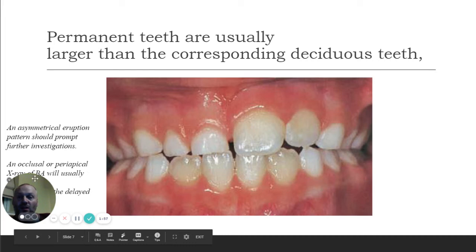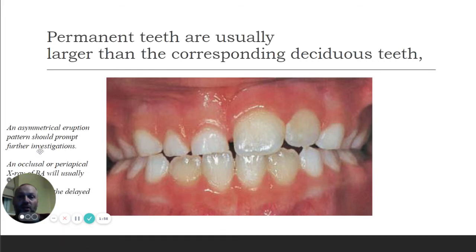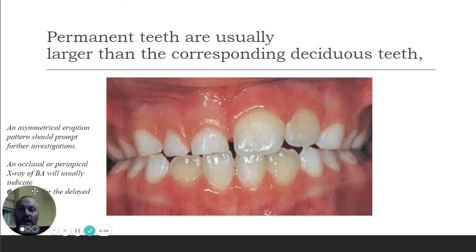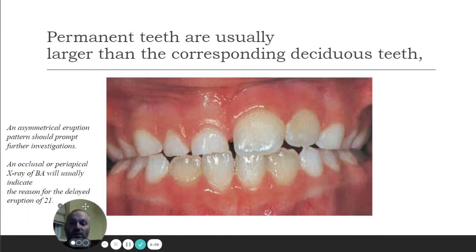Permanent teeth are usually larger than the corresponding deciduous teeth, so there is an issue with space. As the person grows, as their alveolus and their oral tissues grow, they accommodate accordingly the different sized teeth, the secondary teeth coming through.